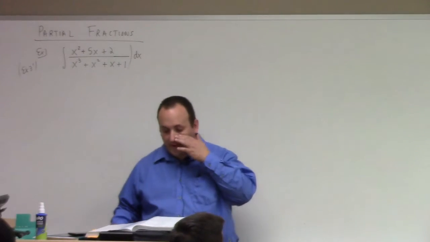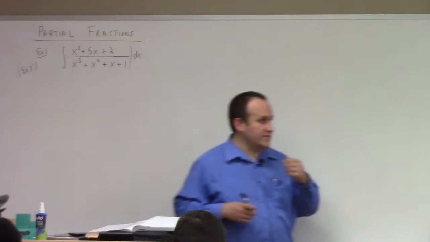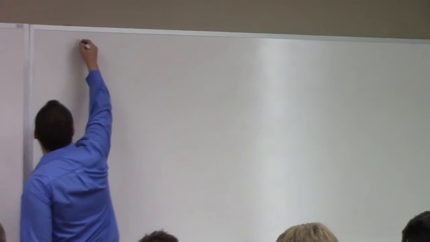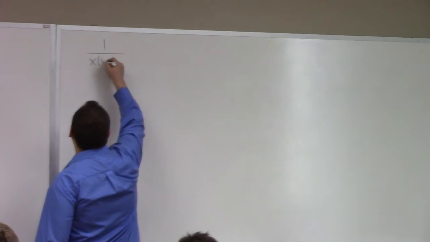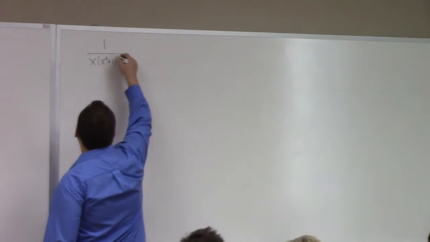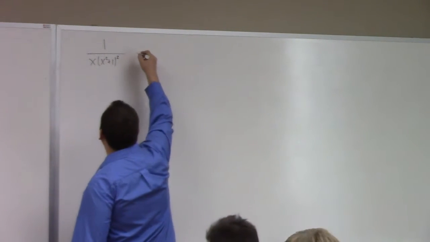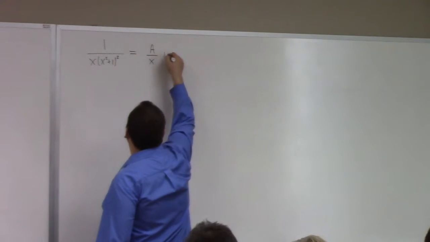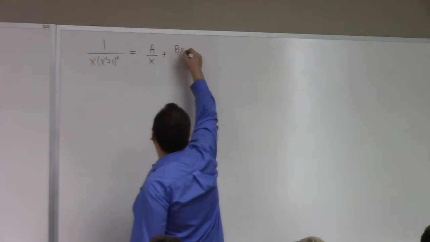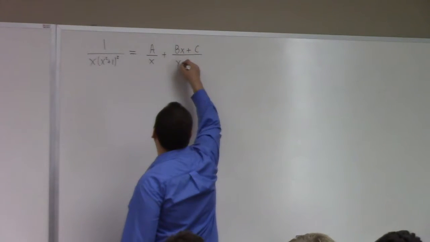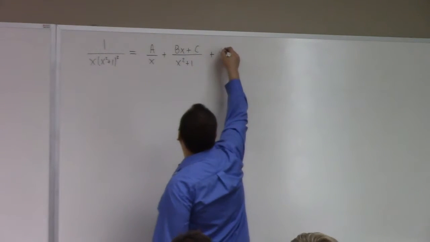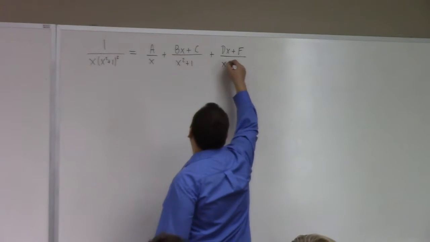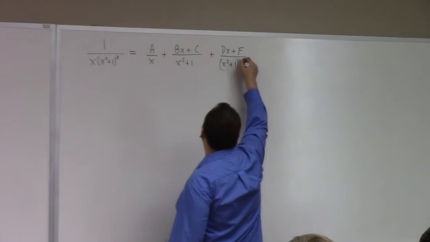Okay, so there we have 1 over x times (x squared plus 1) squared. You're supposed to find the partial fractions decomposition. So here's the deal. You look for A over x plus (Bx plus C) over (x squared plus 1) plus (Dx plus E) over (x squared plus 1) quantity squared.